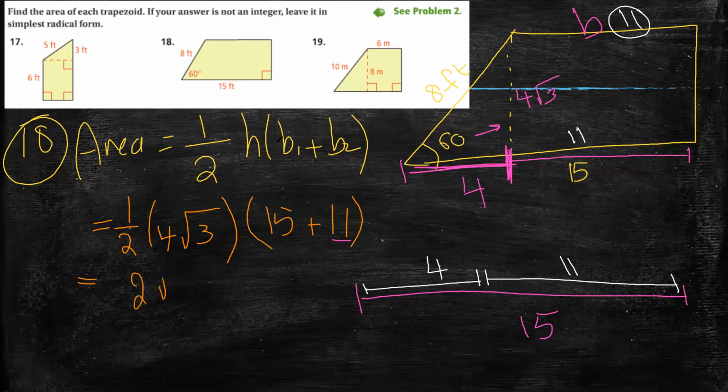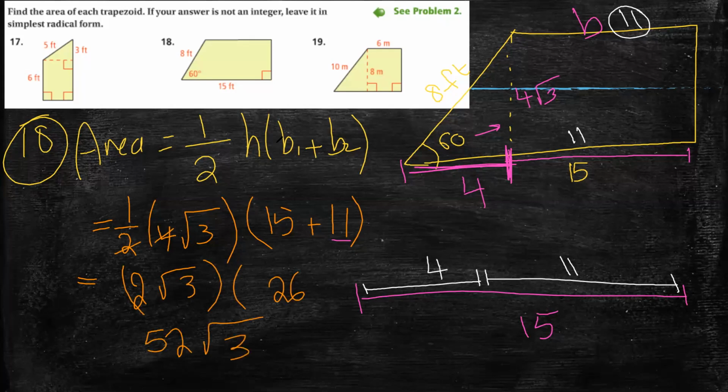So it is 2 square root of 3 times 26. So the answer is 52 square root of 3 feet squared. This is the area of the trapezoid in number 18. Is it clear now?